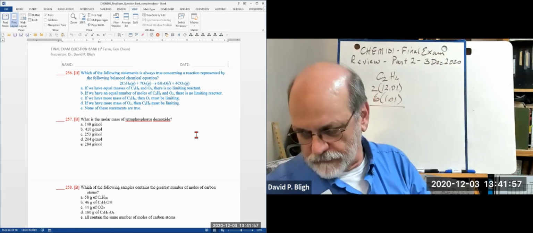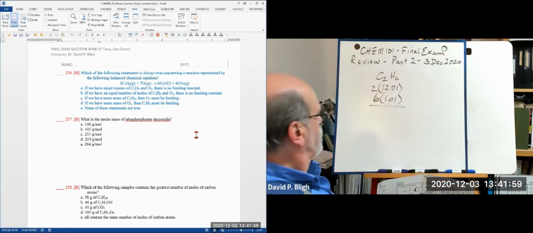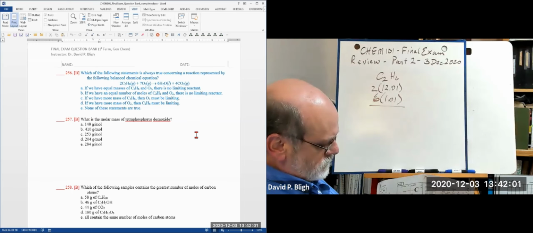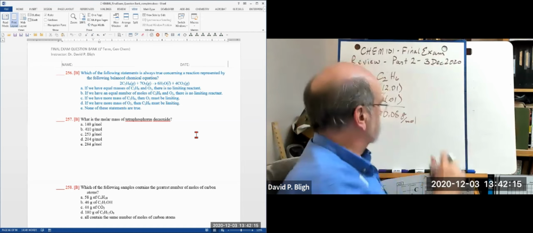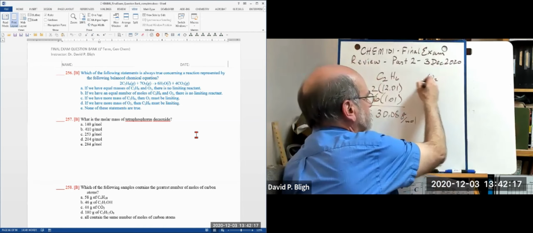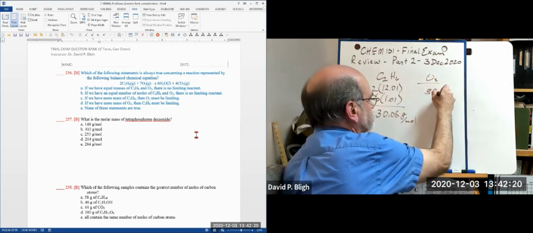So 24.02 and 6.06. So it's 30.08 grams per mole. Oxygen, we know oxygen, it's 32 grams per mole.